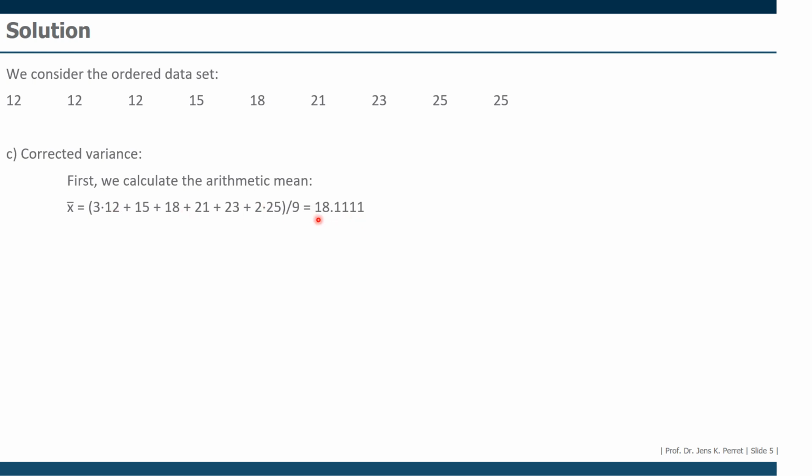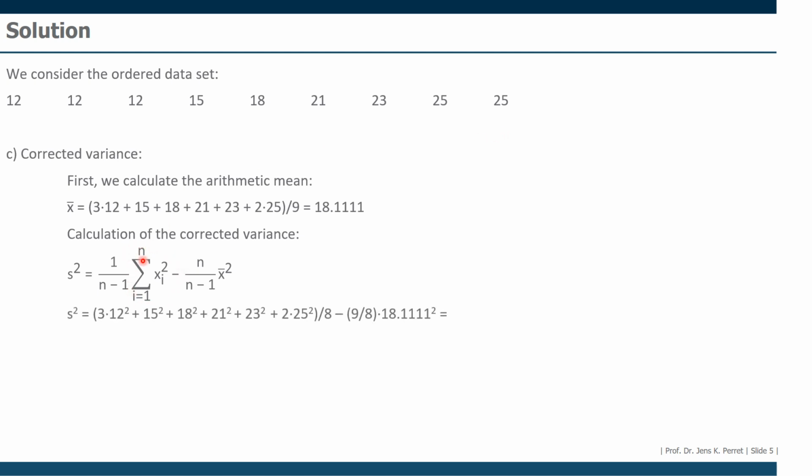Then we can proceed in two different fashions. The version I'm going to use here is the second version, which means I'm going to first calculate all the squared observations, take all of them to the power of 2, and sum this up. That would be the sum I'm going to see here.